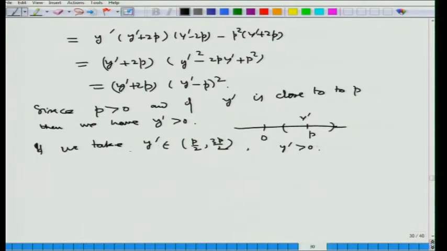So if y prime is close to p like this, so that the neighborhood does not take this 0 inside, we see that y prime will be positive. And so this w will be positive here, hence we have a weak minimum.